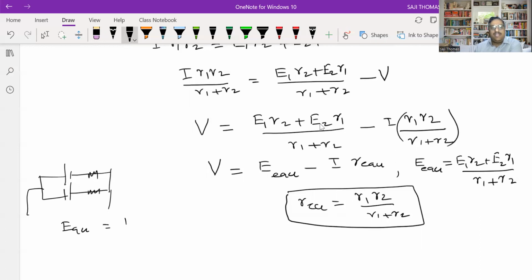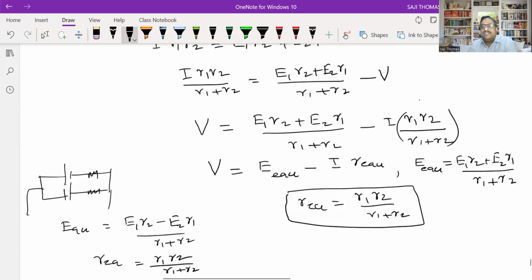E equivalent will be (E1 R2 minus E2 R1) divided by (R1 plus R2). Internal resistance will be R1 R2 by (R1 plus R2). So children, derive it, learn it. Very important for the examination point of view.